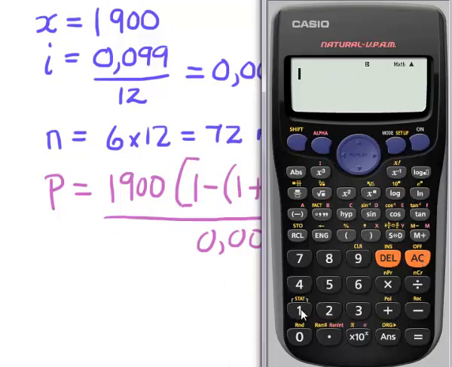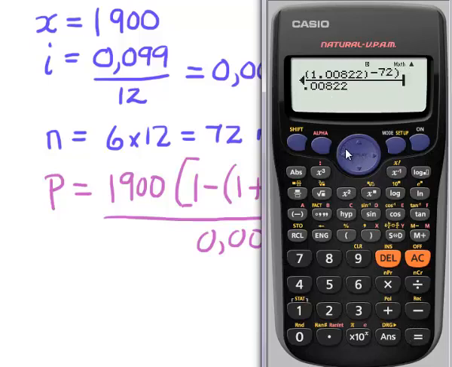Okay, so fraction button first, 1,900, open bracket, 1 minus, open bracket, that's 1.00825, close the bracket, raise it to the negative 72, close bracket, go down to the bottom, 0.00825.